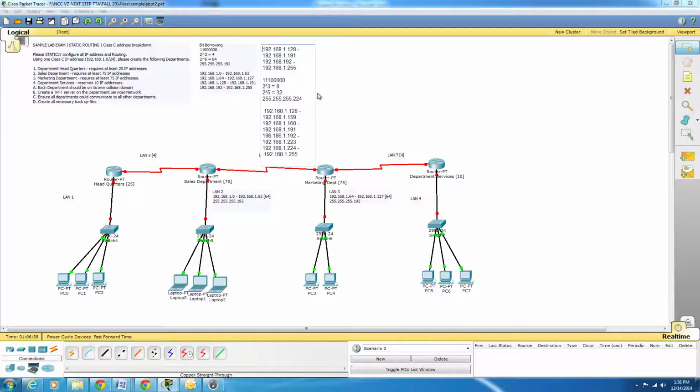Okay, so let's make a note that these are 32 blocks of IP addresses. Let's just do something like this so it's a little clearer when we go back and check it out in our notes. 32, and down here is 32, and down here is 32.